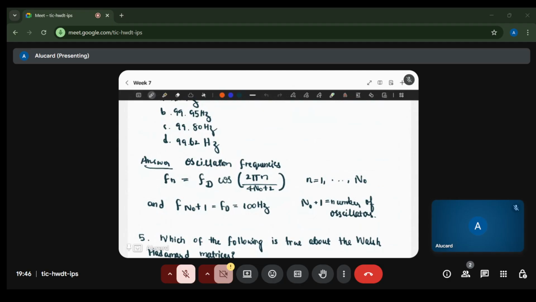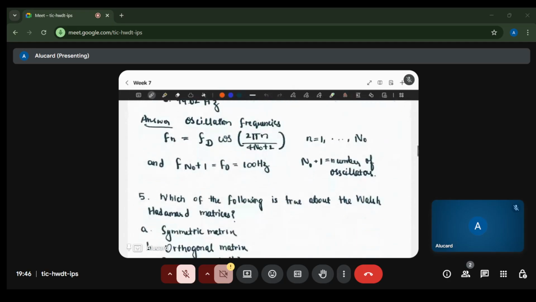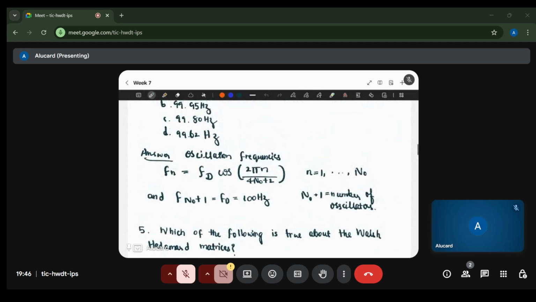You can either check one by one for different values of n, or you can plug in the values given in the options. One answer, 100 Hz, is one of the oscillator frequencies because f at N0 plus 1 is equal to fd.